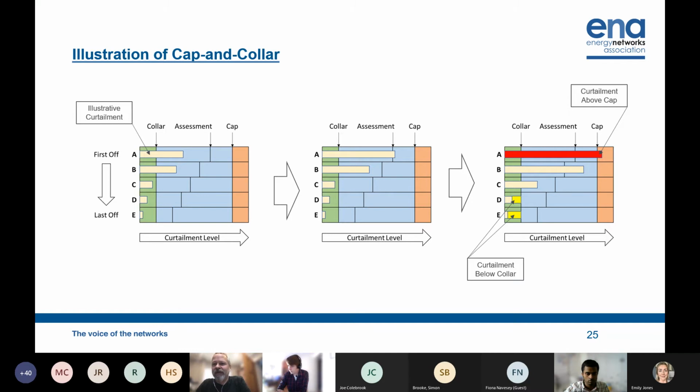The green area on that diagram is an illustration of the collar zone, if you like, of curtailment, and the orange area is the cap zone, with the blue area in the middle being the sort of expected level of curtailment plus or minus some sort of a margin.